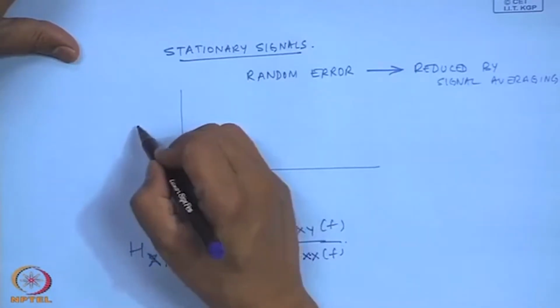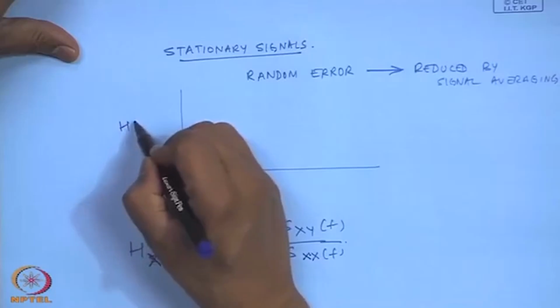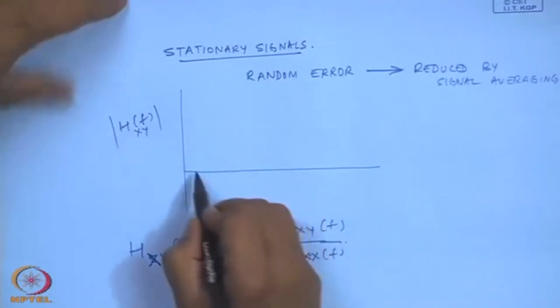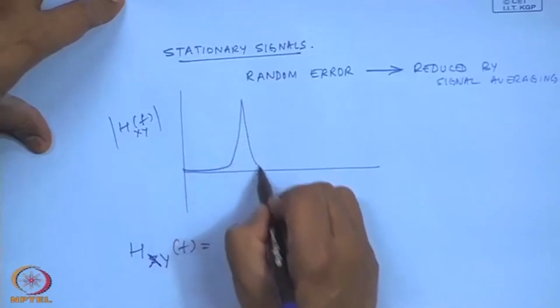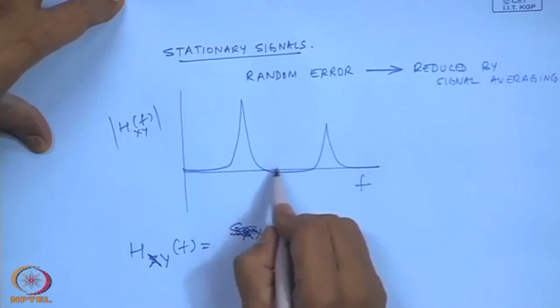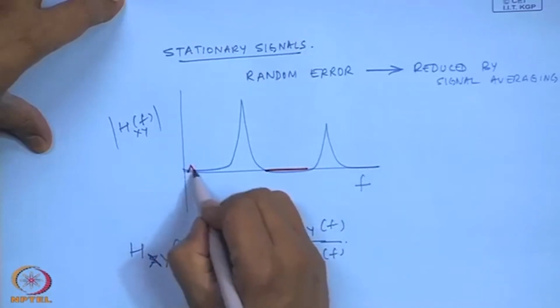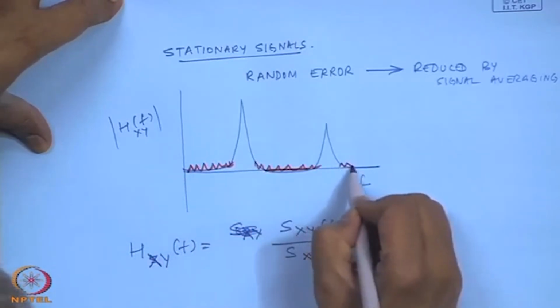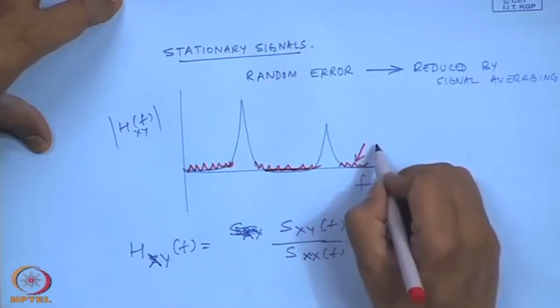And then this magnitude will look something like this, okay. And with averaging, there will be a lot of such noises which will reduce.